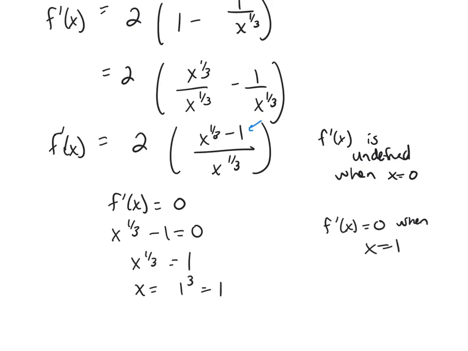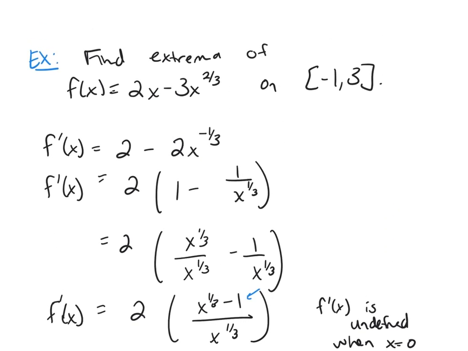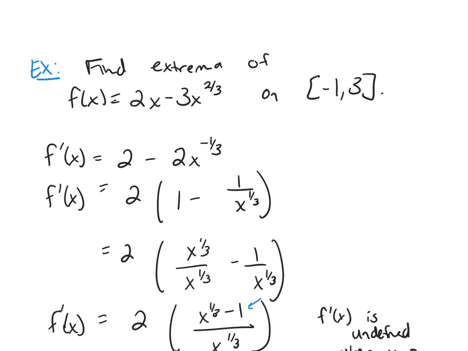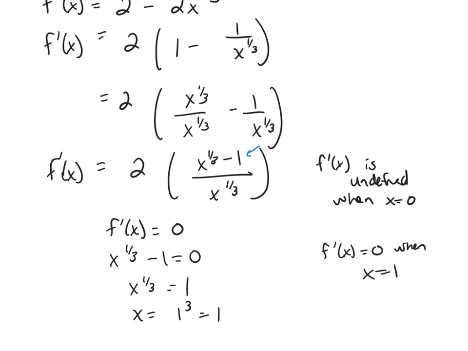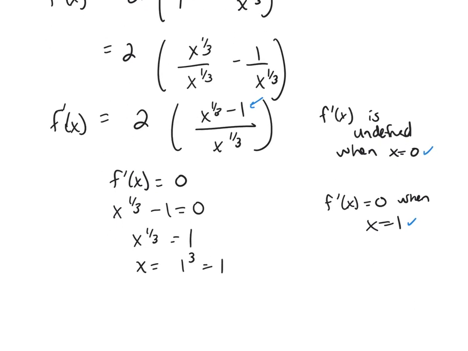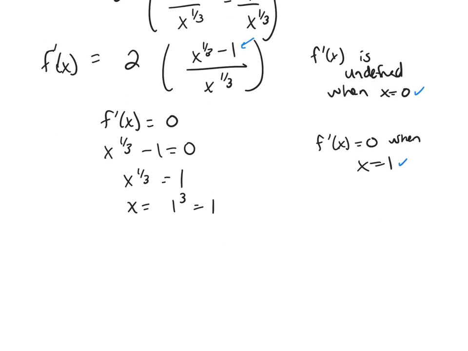Now go back to your interval. Are these inside of my interval? If I look at my interval, it's -1 to 3. And both of these are inside of my interval. So here and here, these are both critical numbers. So then I'm going to plug in my critical numbers into my function.